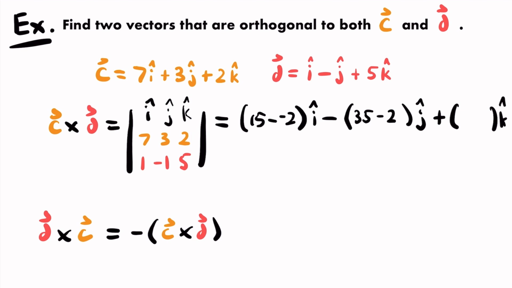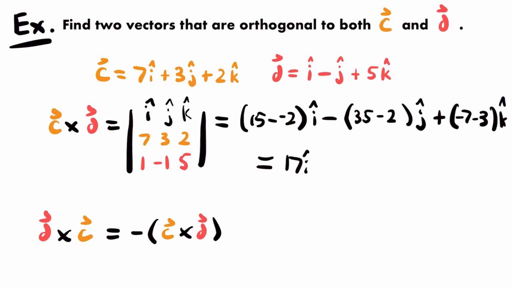And then finally, for this term, for vector k, we will cross out the row and the column for vector k and work with these four values. So we'll have 7 times -1, which is -7, minus 3 times 1, which is 3. So we have -7 minus 3. All right, now if we simplify, this will be equal to 15 minus -2 times I. 15 minus -2 is the same as 15 plus 2, so that's 17.